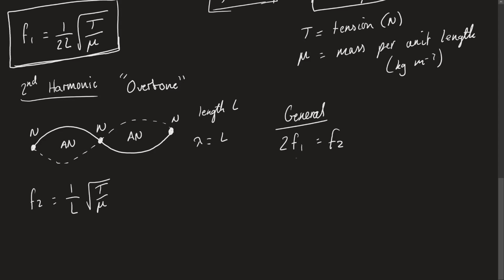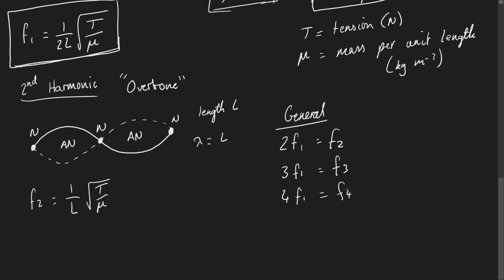Now we could do this again for the third harmonic. If we did 3 times the first harmonic, we'd get the third harmonic. If we did 4 times the first harmonic, we'd get the fourth harmonic, and so on. Generally we can take the first harmonic, multiply it by whatever harmonic we want, and we'll get the frequency for that harmonic that we'd have to drive.